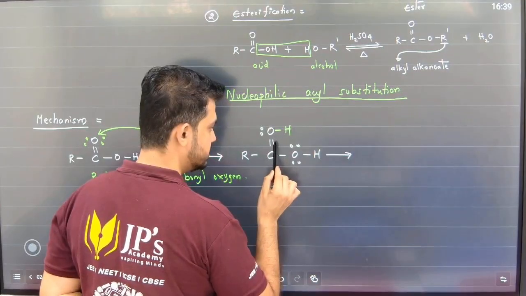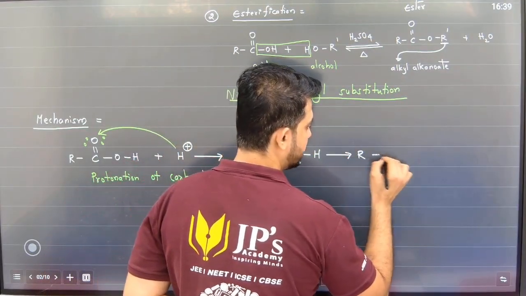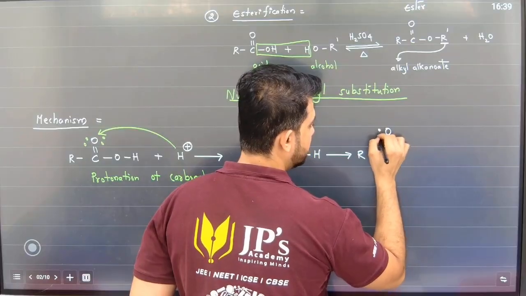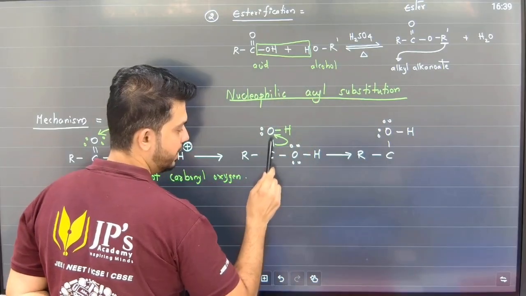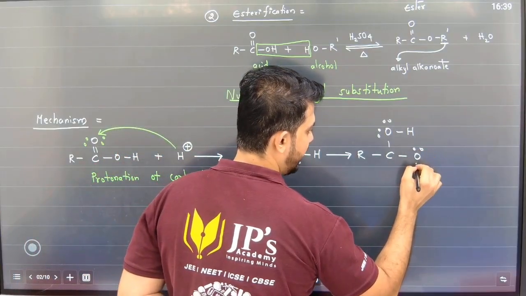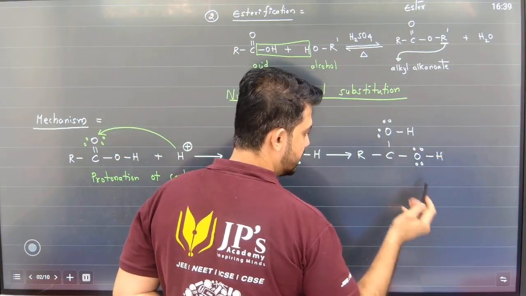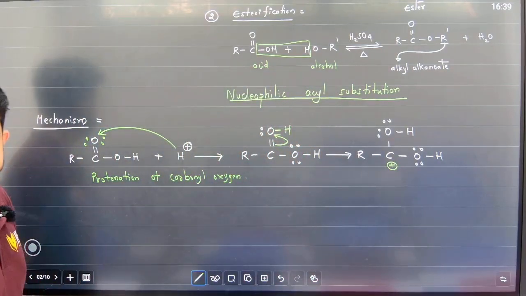Next step, what happens is these electrons resonate. Oxygen पे जो positive charge था will no longer be there because oxygen will get lone pairs. ये जो double bond है उससे आ जाएंगे. And what happens is the carbon here gets a positive charge.